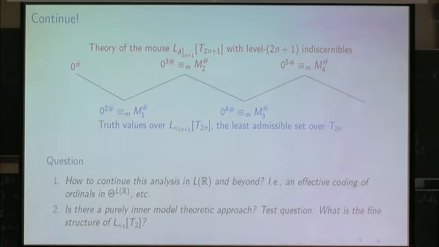A possible simplification is: is it possible to avoid all the complications in Jackson's analysis, in particular the ordinal omega 2, omega 2, omega? So a test question is whether we can solve the fine structure of the least admissible set over T2, which is the tree on U omega.